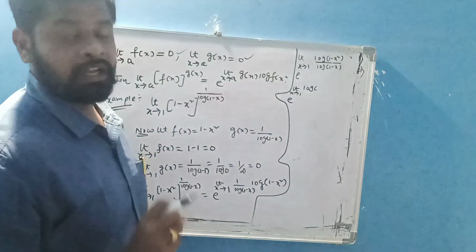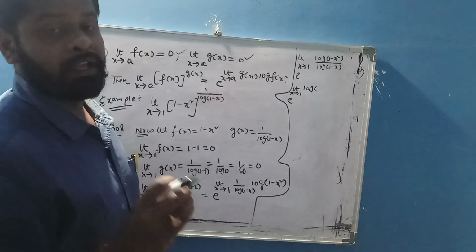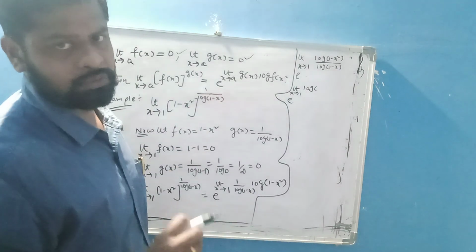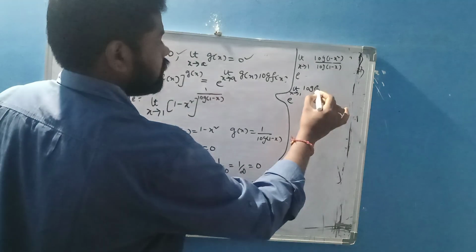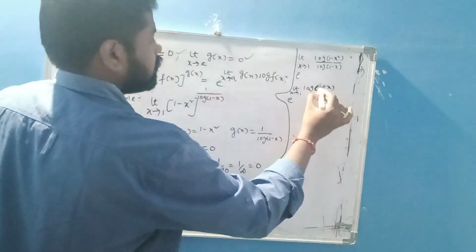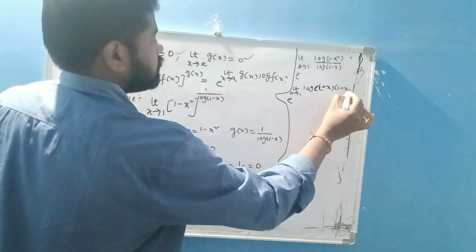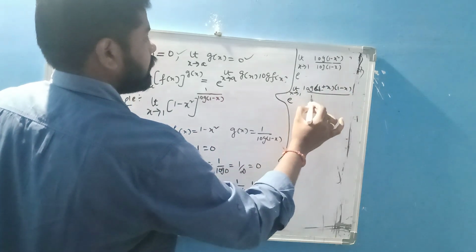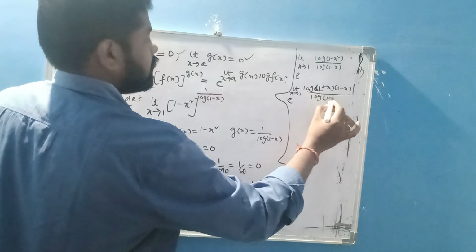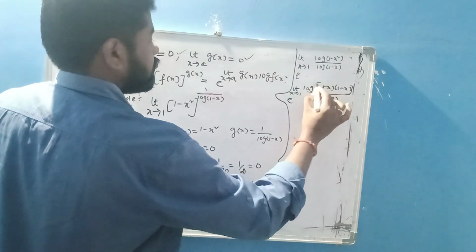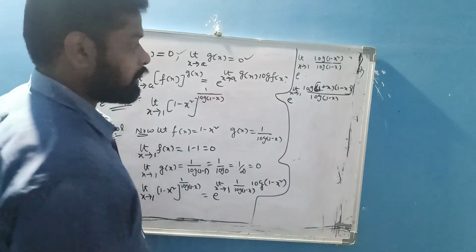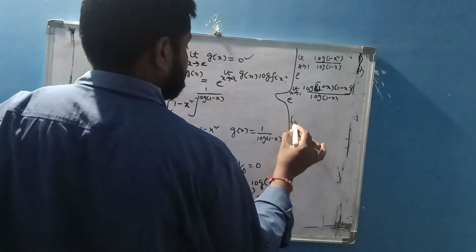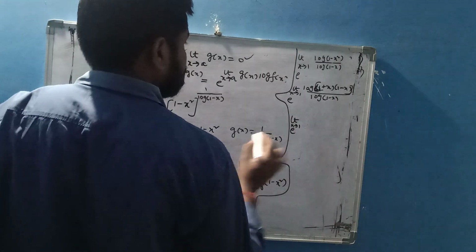For 1 minus x square apply the a square minus b square formula. 1 minus x square is 1 plus x into 1 minus x. Log of 1 plus x into 1 minus x by log 1 minus x. Bracket open, log of 1 plus x into 1 minus x by log 1 minus x. e power limit x tends to 1.